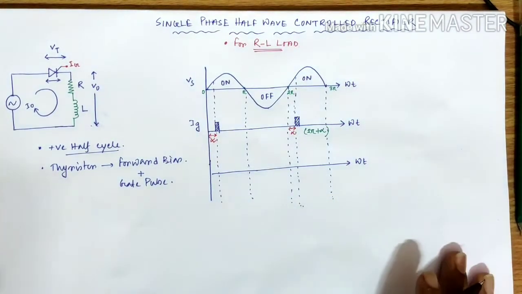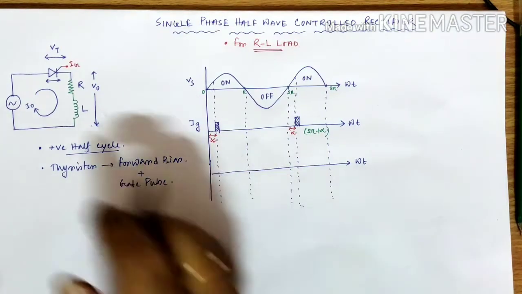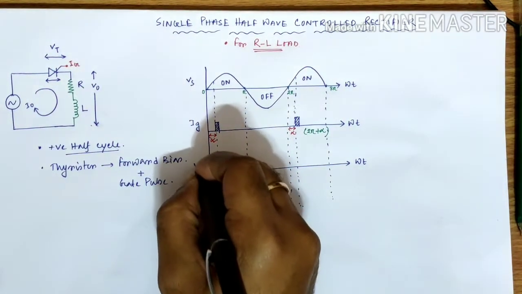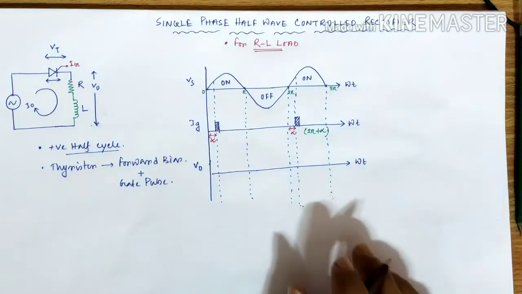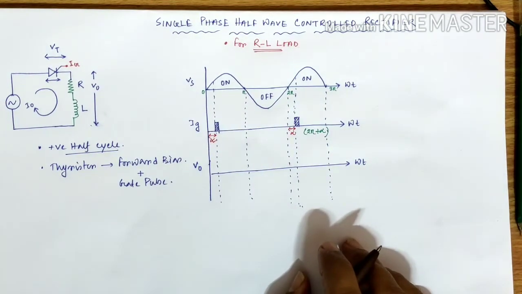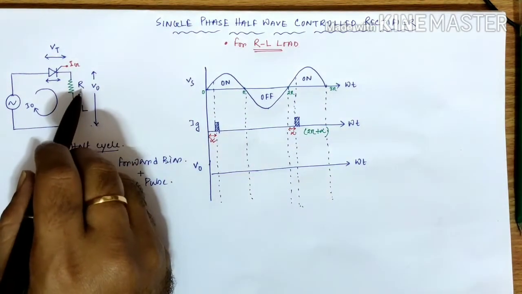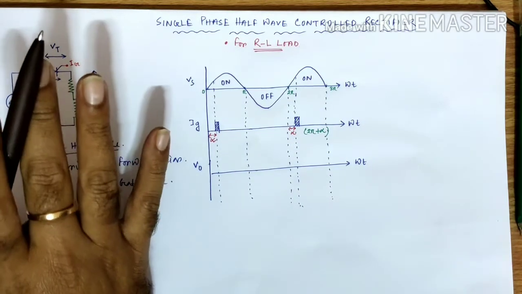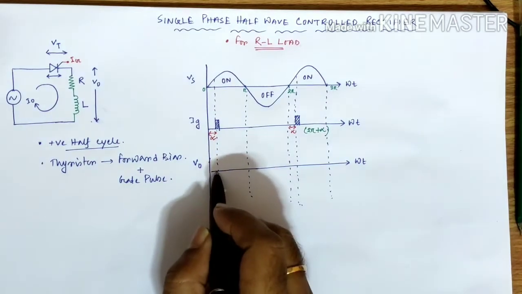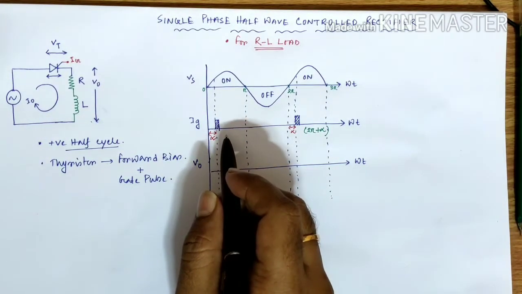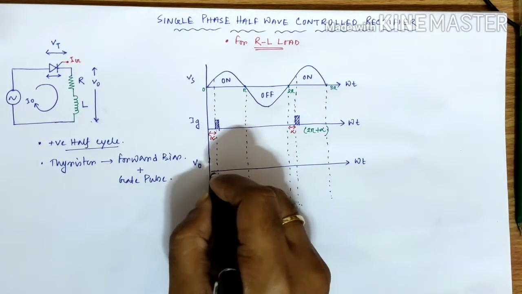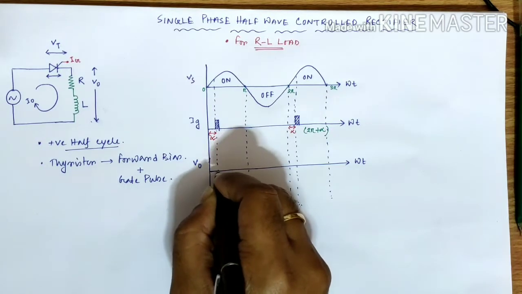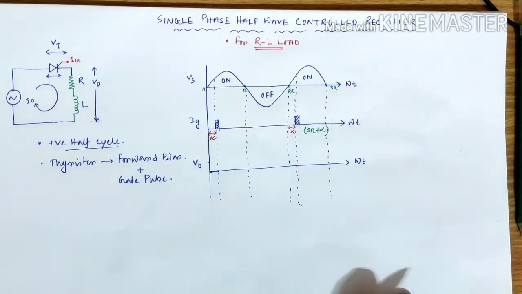So hopefully it is easy to understand. Start with V0, that is what I want to draw. Now output voltage will appear only when the thyristor is on, that means the thyristor is conducting. So from 0 to alpha, the thyristor is off, so no voltage will be available. So V0 will be 0. I am writing it here.